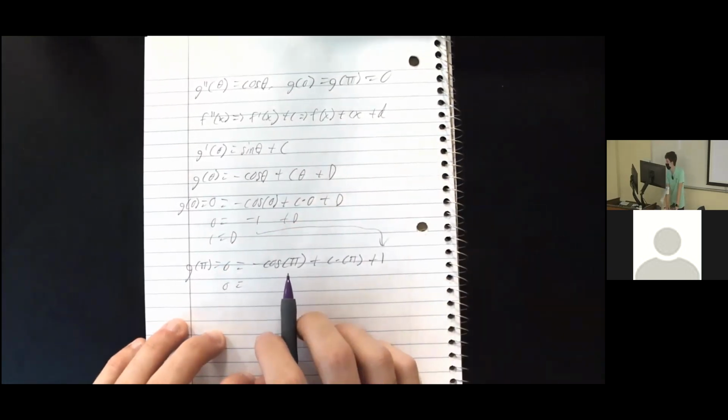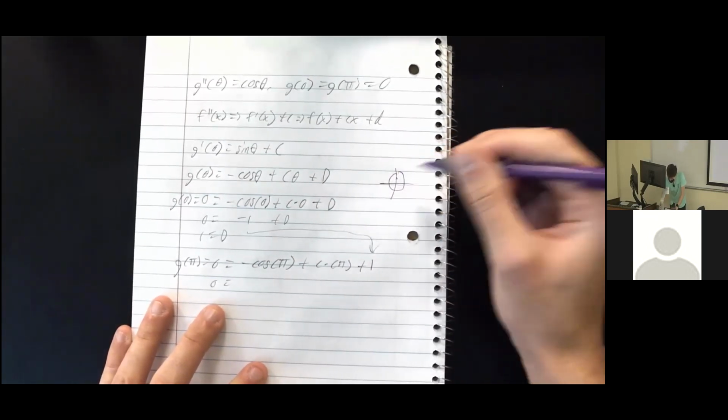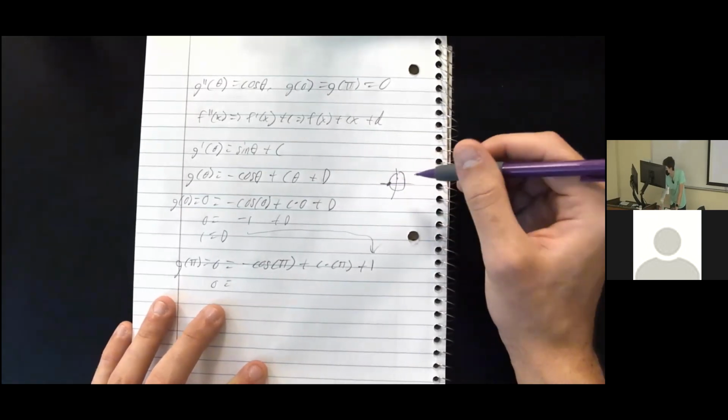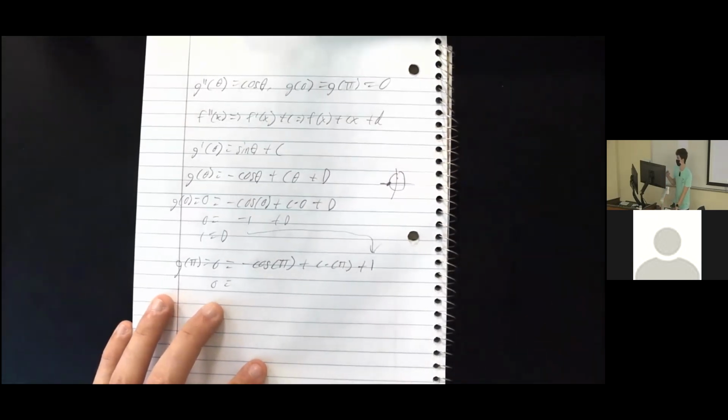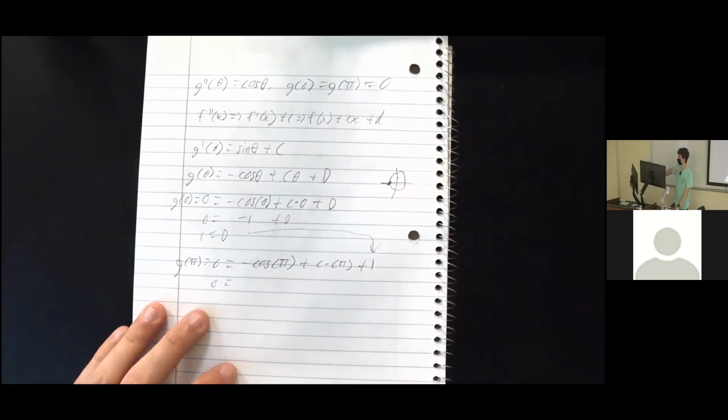Okay, so 0 equals, what's the cosine of pi? Well, we know that the angle pi is all the way over here. That's in the -1 direction. It's in a directly negative horizontal direction, and it's a length of 1 because we know that our unit circle has a length of 1, right?